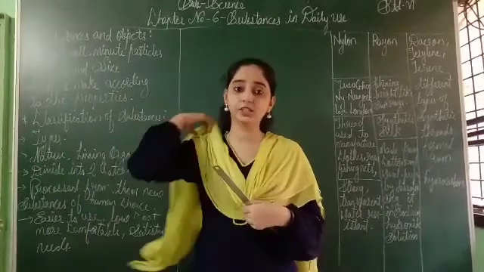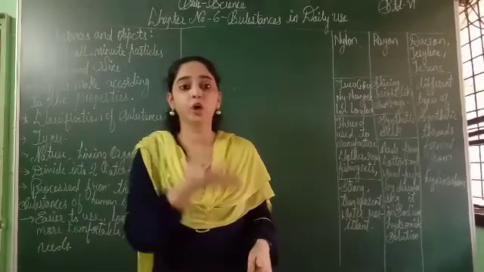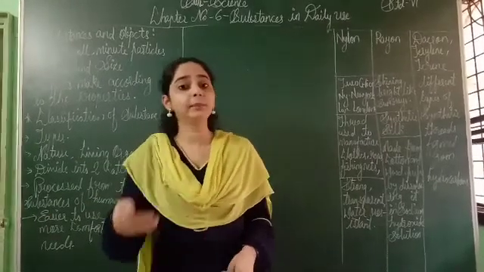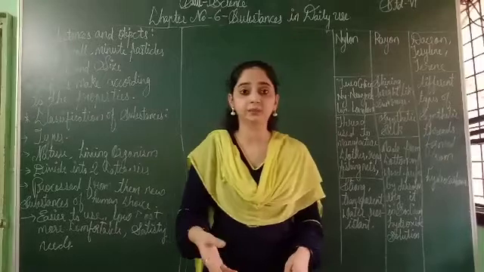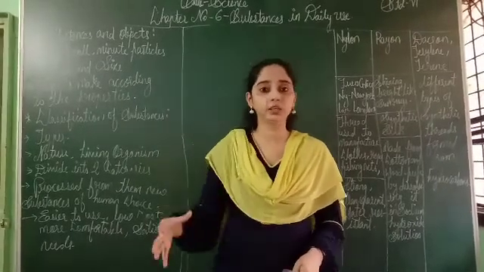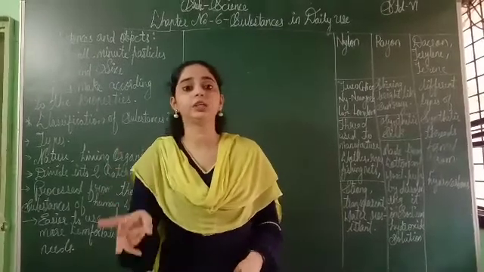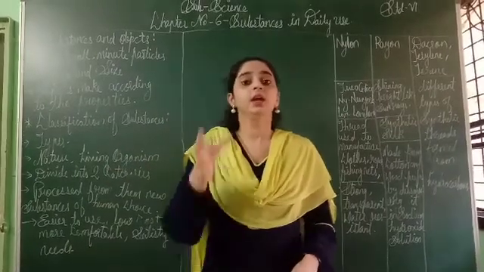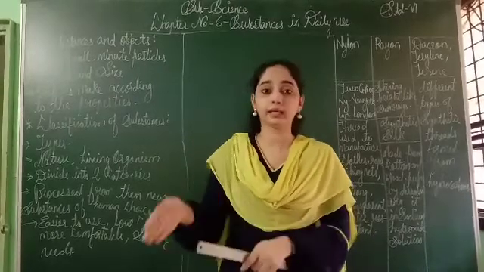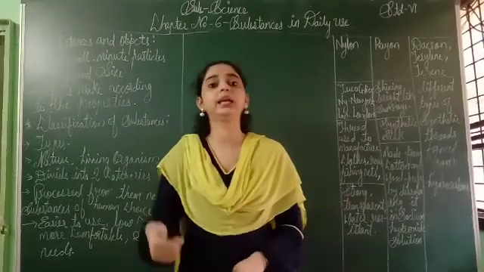And from plant origin we get wood, jute, cotton, etc. And from animal origin we get leather, silk, wool. These come from animal origin. So both plant origin and animal origin are included in living organisms, that is biotic substances.